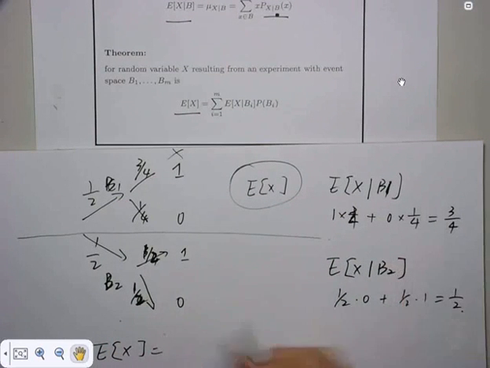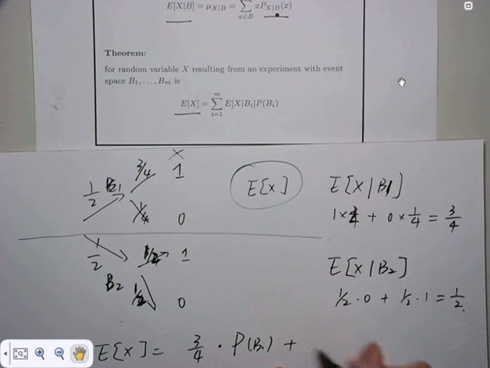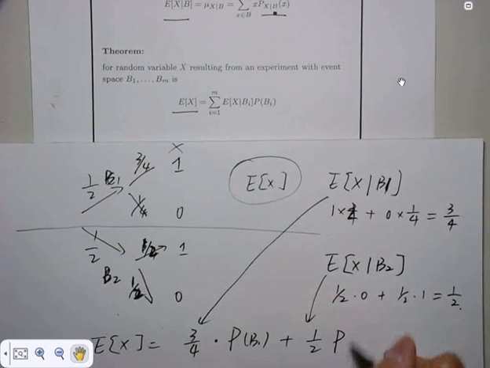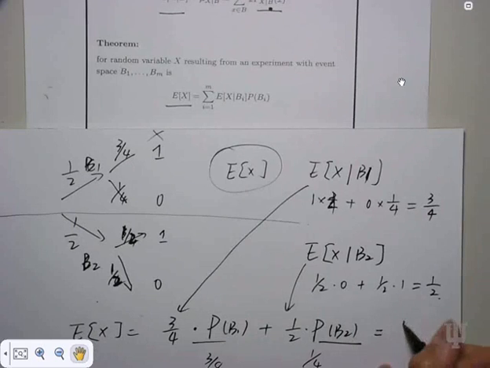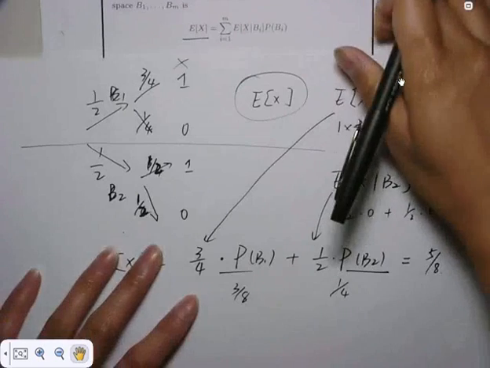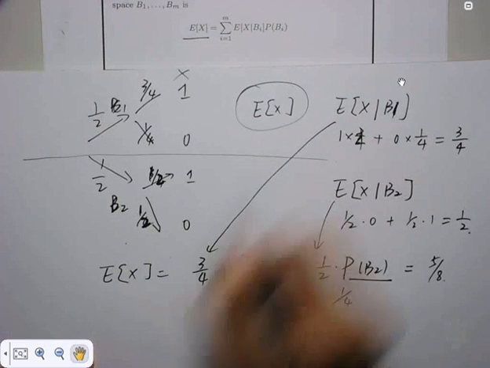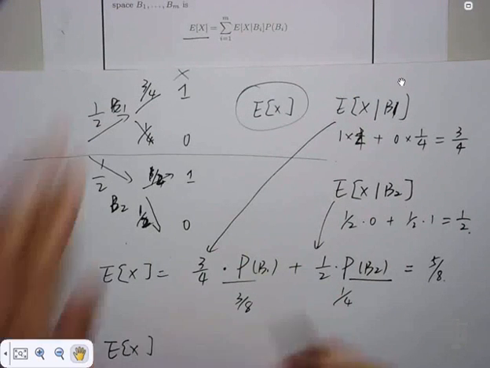Plus times the B1 times probability B2, a different condition, right? 1/2, 1/2. So it's 1/4, 3/8. I don't know if my calculation is right. Need to verify.